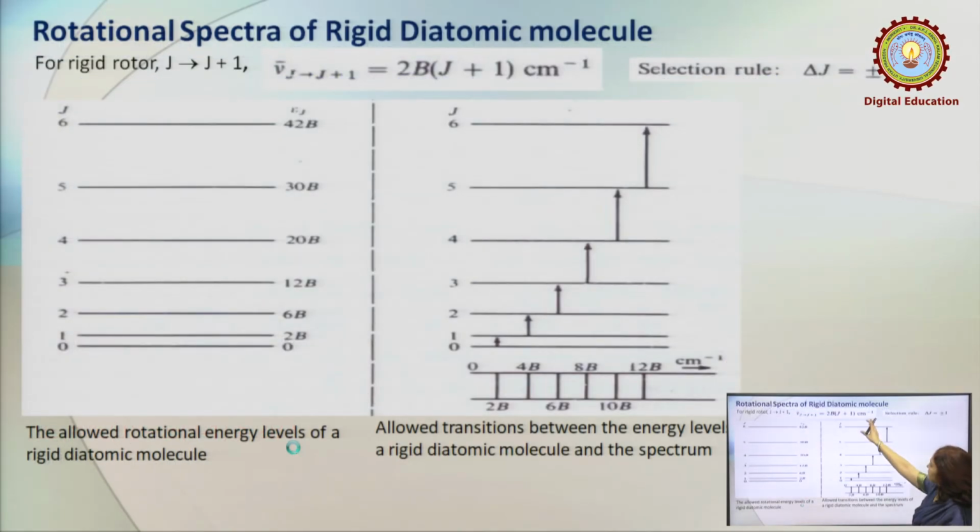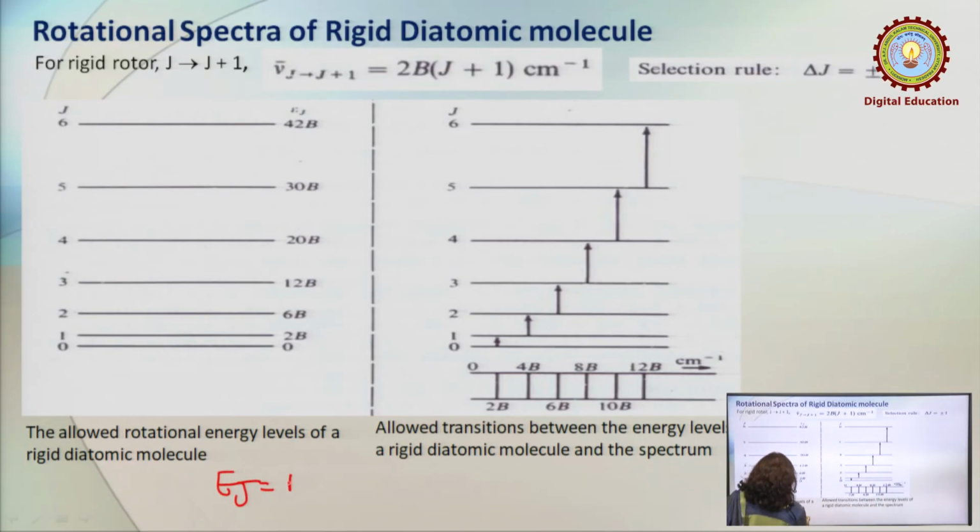This is the rotational spectra of rigid diatomic molecules. Here from J to J plus 1, the selection rule is plus or minus 1 in the rotational quantum number. These are the allowed rotational energy levels of a diatomic molecule, and these are the transitions we calculated in the previous slide. This is the simple rotational energy, B J into J plus 1.